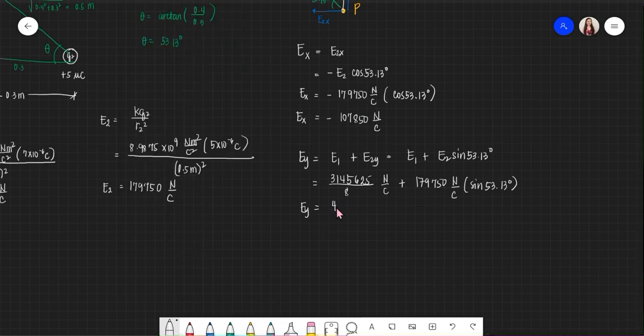That's 429,6025 over 8 newtons per coulomb.